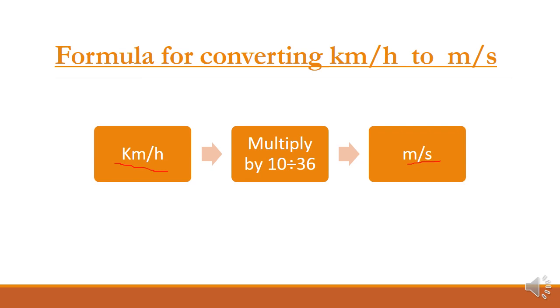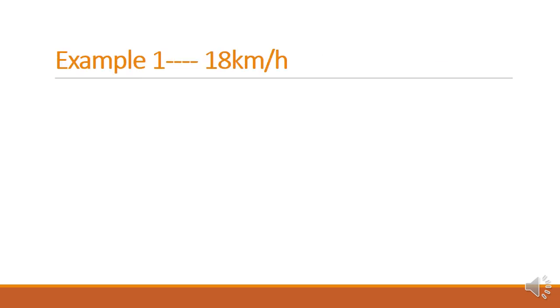It is a very simple procedure. So let us have a look at some numericals about it. Very first one, I want to convert 18 kilometer per hour into meter per second. So 18 into 10 upon 36.